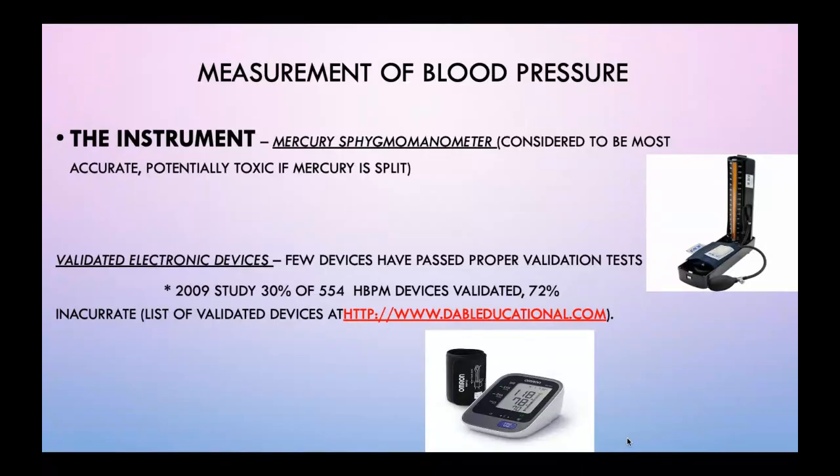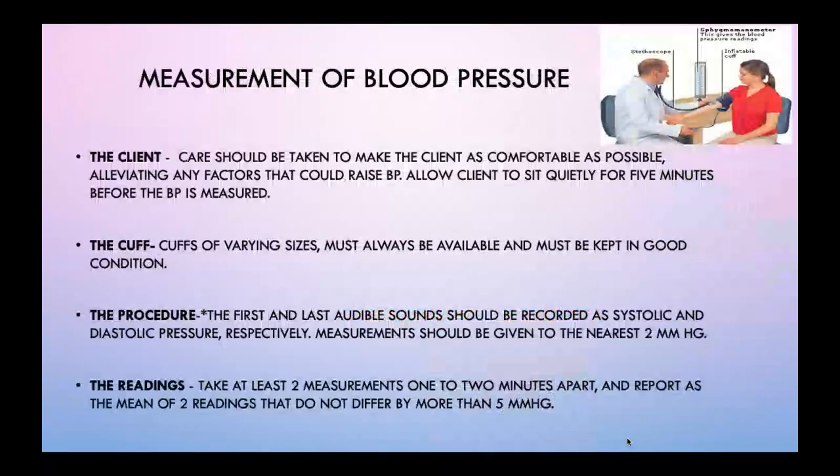So you'd really want to know that the device you're using is measuring an accurate blood pressure. So they're now trying to generate a list of validated devices. I've included a link here with a list of validated devices. So check the make and model number of the device and see if it's a validated device. It's important to make sure that you're using an accurate device.